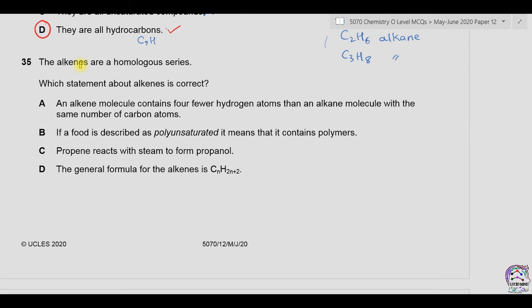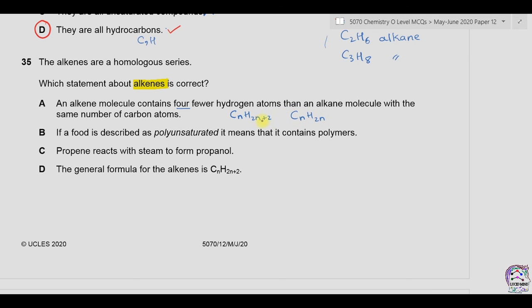Question 35. The alkenes are a homologous series. Which statement about alkenes is correct? A. An alkene molecule contains 4 fewer hydrogen atoms than an alkane molecule with the same number of carbon atoms. Now according to the general formula, alkane is CnH2n plus 2, while alkene is CnH2n.